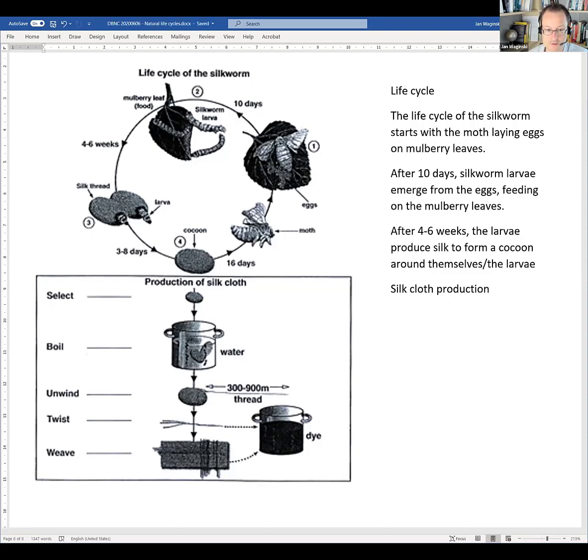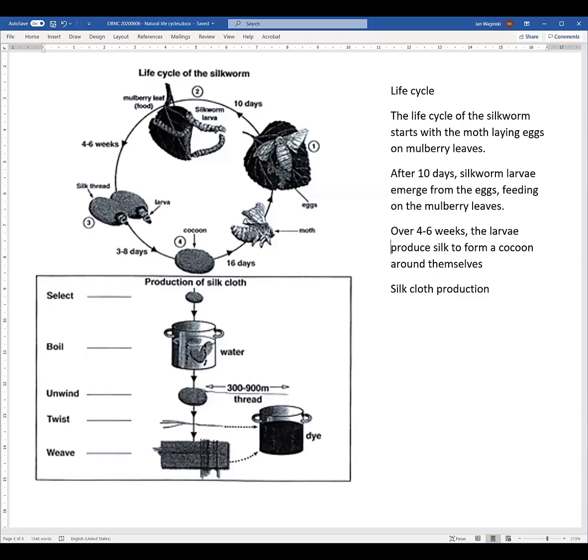Produce silk to form a cocoon around themselves. I can say during the 4 to 6 weeks, the larvae produce silk to form a cocoon. Okay, let's do it that way. The diagram doesn't say exactly how long that takes, but maybe you're right. Over 4 to 6 weeks, larvae produce silk to form a cocoon around themselves.